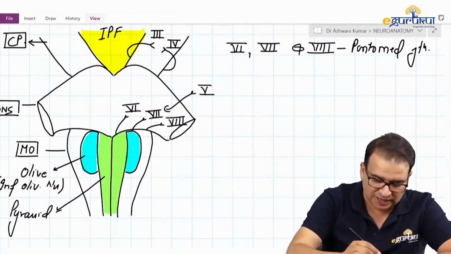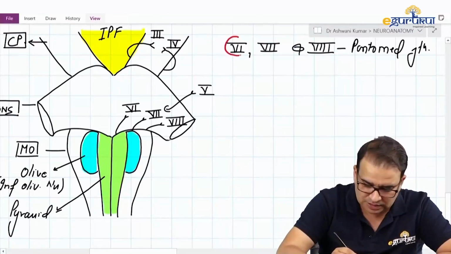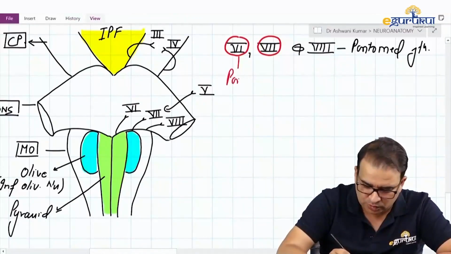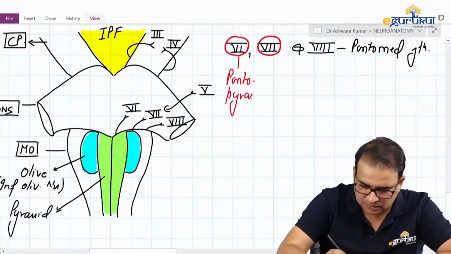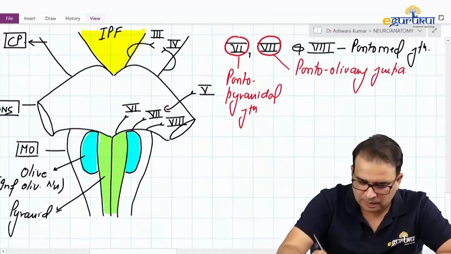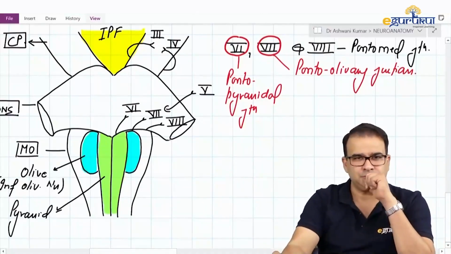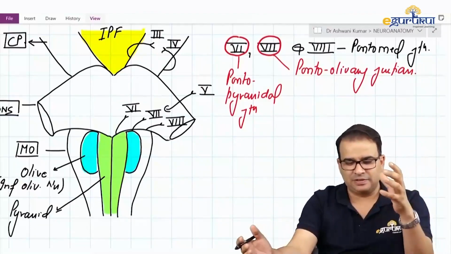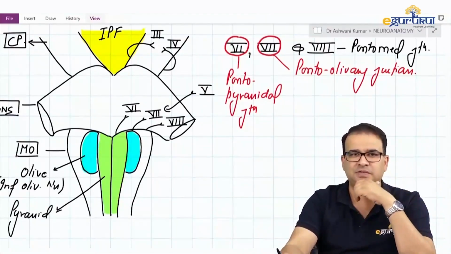So make sure you also note that the 6th nerve emerges from the ponto-pyramidal junction, and the 7th nerve from the ponto-olivary junction. So that is the 6th, 7th, and 8th nerves from the pontomedullary junction. More precisely, the 6th and 7th from the ponto-pyramidal and ponto-olivary respectively.